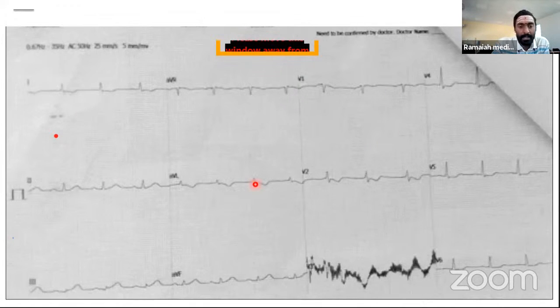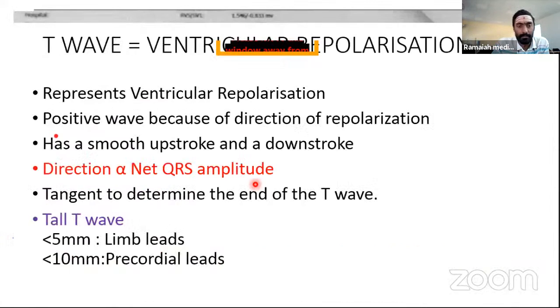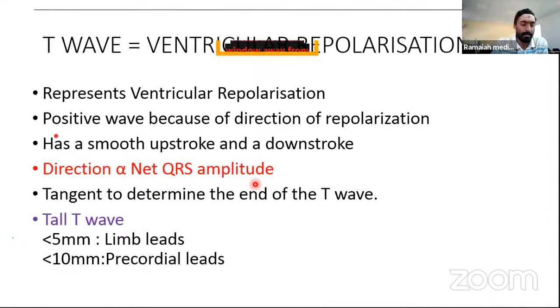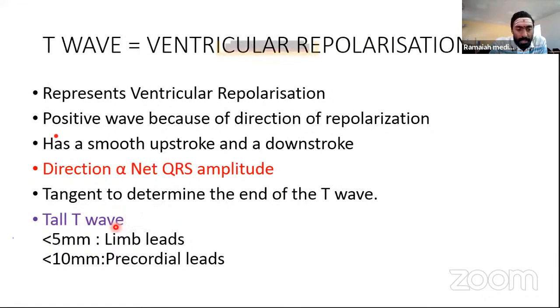If it does not go hand in hand, then it means there is some abnormality. We'll see how you determine the end of the T wave for QT interval calculation. And a very commonly asked question is, what is a tall T wave? The normal T wave is less than 5 millimeter in the limb leads and less than 10 millimeter in the precordial leads.